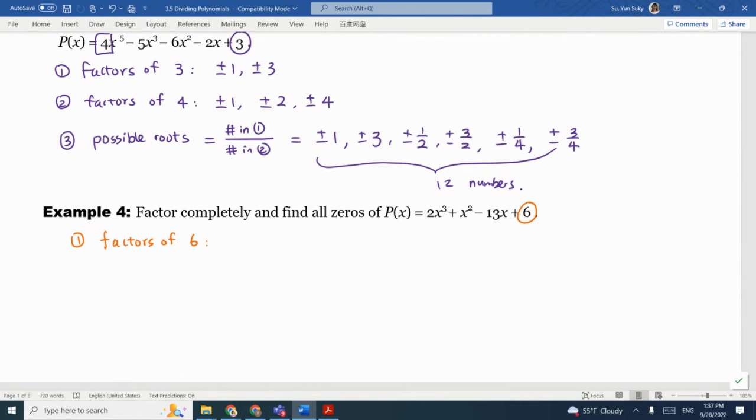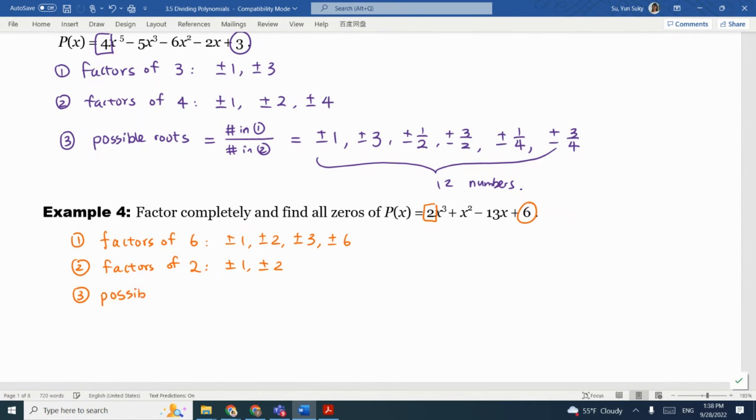What are the factors of 6? Plus or minus 1, plus or minus 2, plus or minus 3, and plus or minus 6. And how about factors of the leading entry? What's the leading entry? 2. So they are plus or minus 1, plus or minus 2.